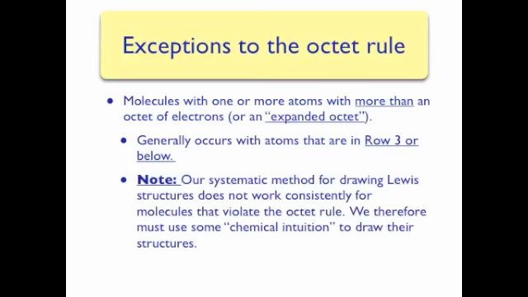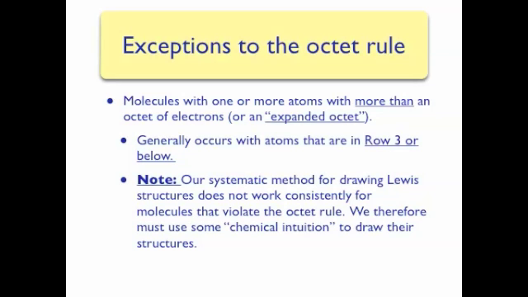It is also important to note that our systematic method for drawing Lewis structures often fails for molecules that violate the octet rule. This includes hypervalent atoms, hypervalent molecules, odd electron molecules, and molecules containing at least one atom that will lack an octet.